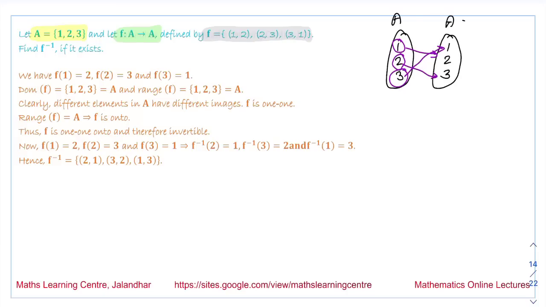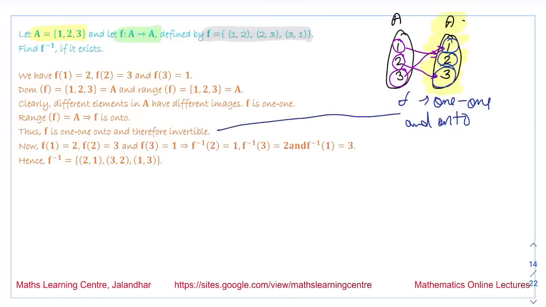So clearly there is no element in the codomain whose pre-image does not exist, and secondly every element of the codomain has a unique pre-image. So it means that this function f is both one-one and onto, and this implies that this function is invertible.